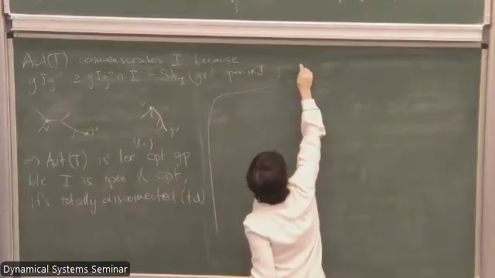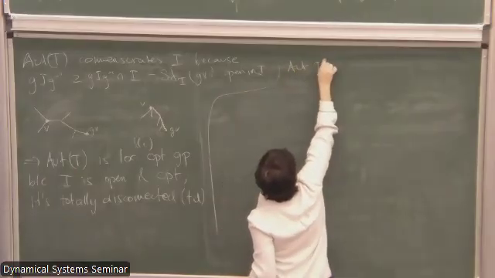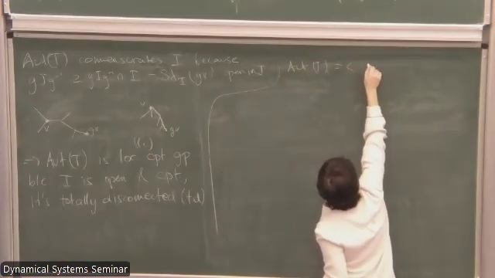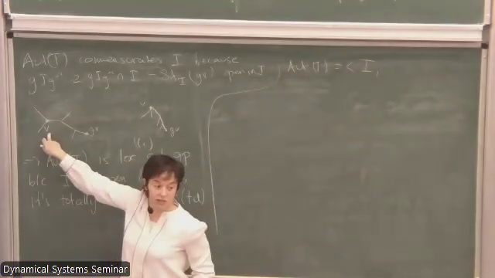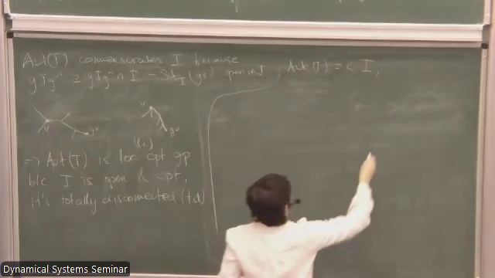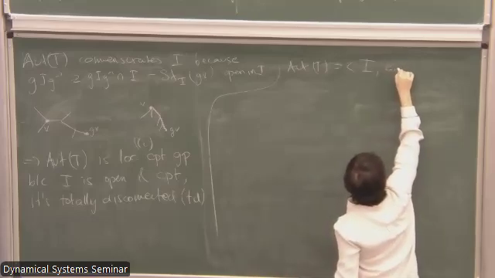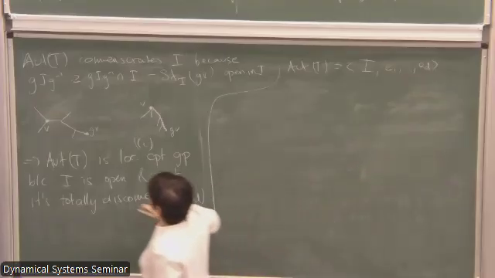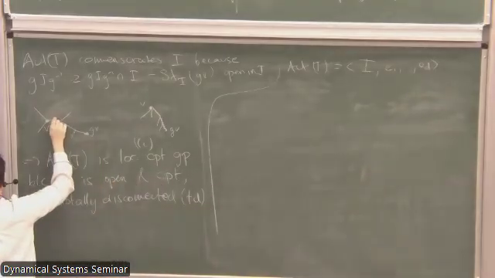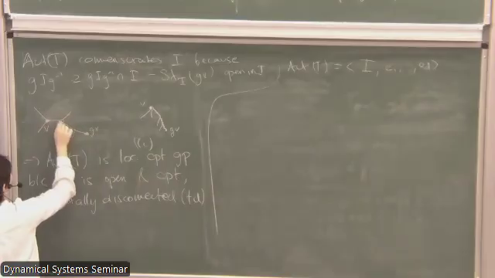It's also generated by I, the stabilizer of this vertex, and I'm going to call them, I don't know, elements e1 up to eD, where these things can be whatever you like, actually.